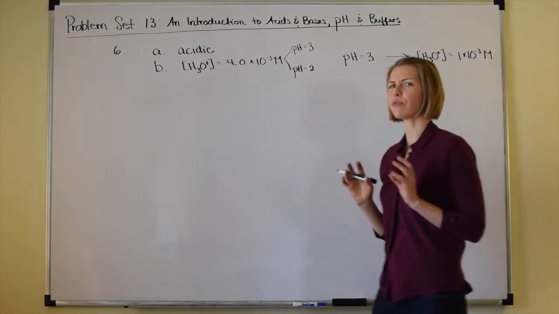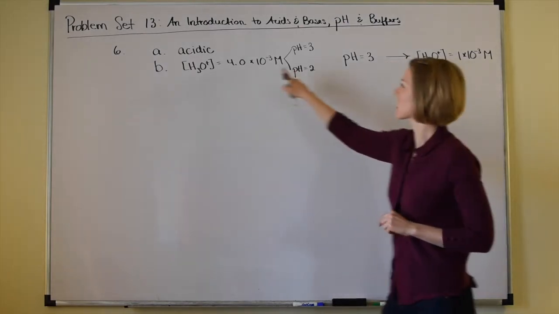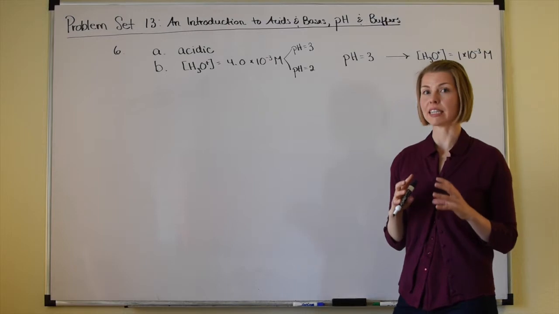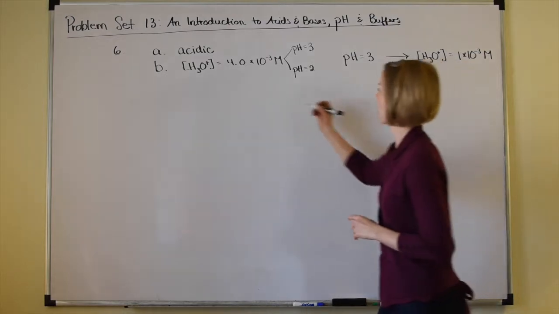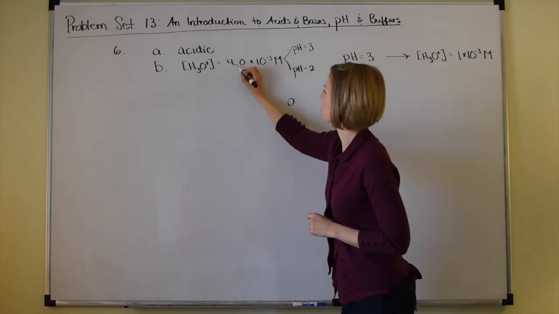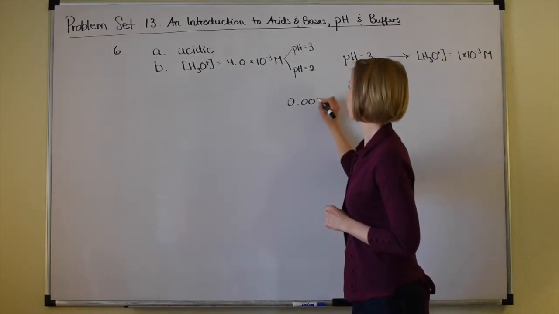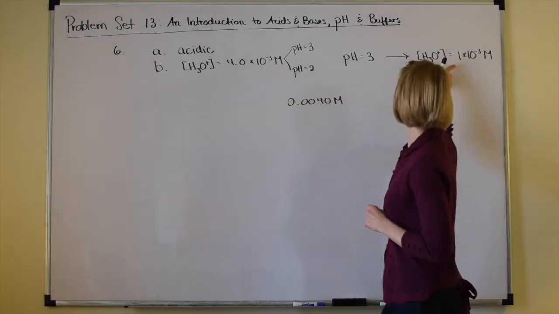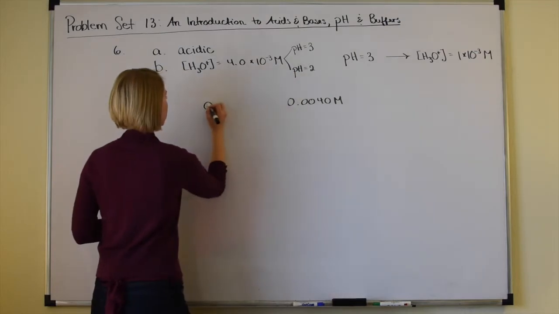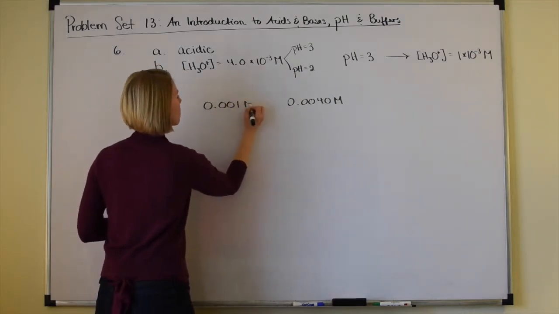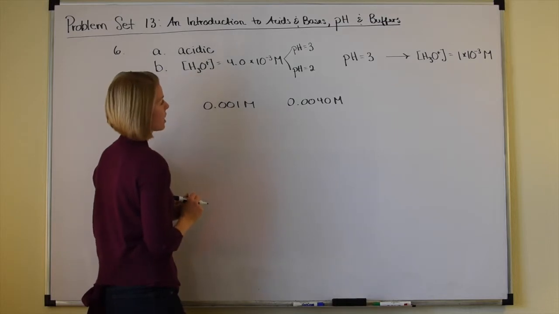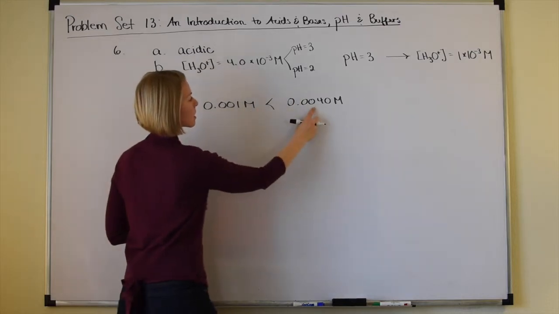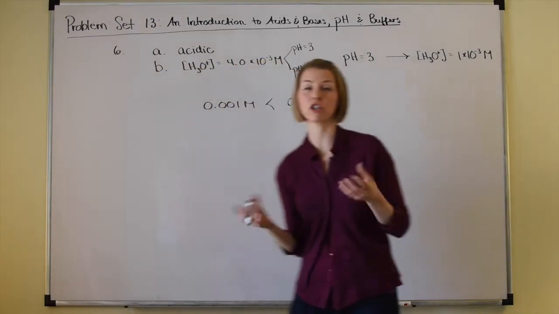And you should be able to deduce that without picking up a calculator. To just reinforce that, let me go ahead and take these concentrations out of scientific notation. For some people out there, they really may need to see it that way to understand this. So I'm going to move my decimal, and we have 0.0040 molar hydronium ion concentration versus this one here, which is 0.001 molar hydronium ion concentration. So this solution is less than this solution, it has a lower hydronium ion concentration.